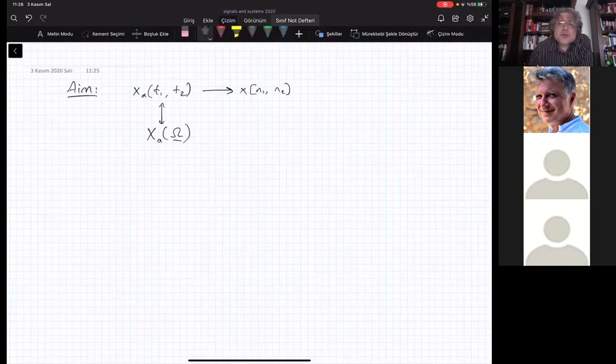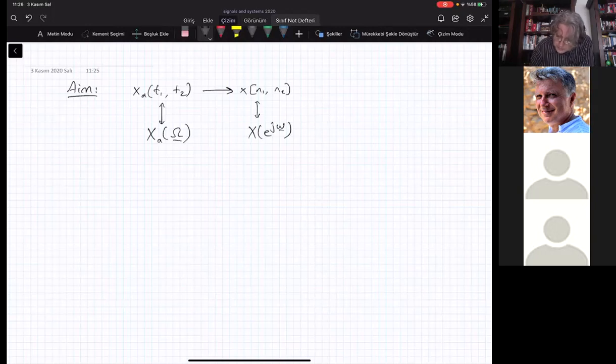I have to switch to the notation of capital omega and lowercase omega to distinguish between the Fourier parameters of continuous time signals and discrete time signals, where the second one will have the Fourier transform of x of, let's say, e to the j omega. Notice that I'm putting bars beneath the omegas. It means omega 1 and omega 2 in the form of a vector.